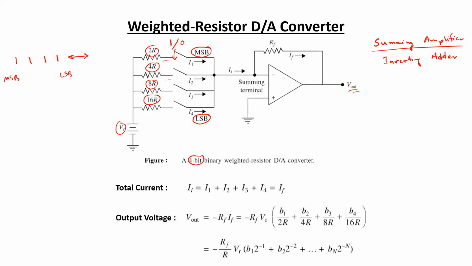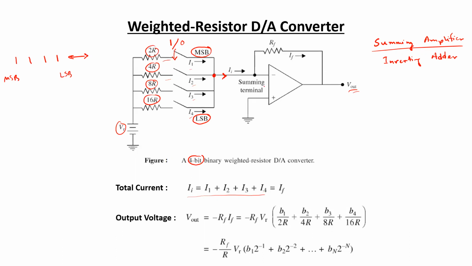So if you consider this particular node, then the current flowing outwards of this node, which is represented here as I, is going to be equal to the summation of all these 4 currents, which is shown over here.